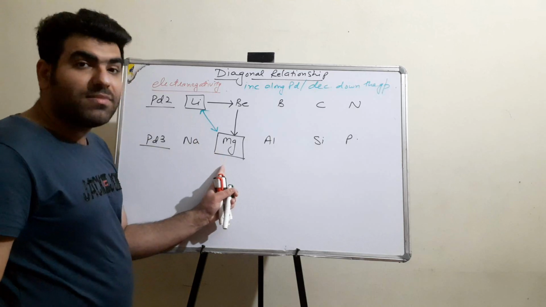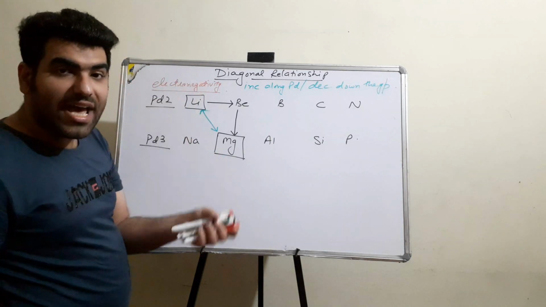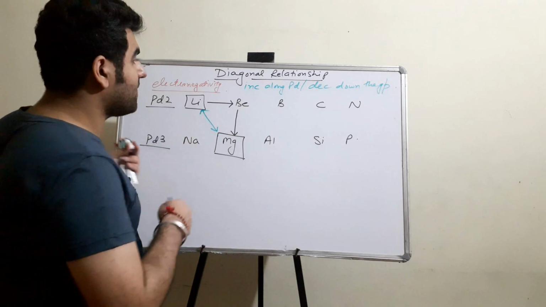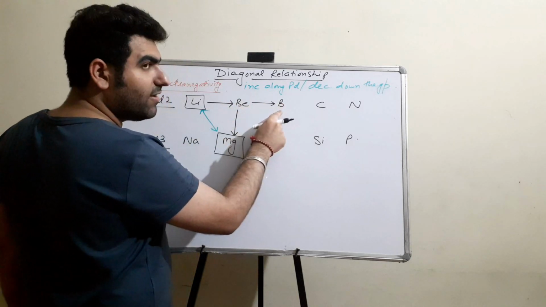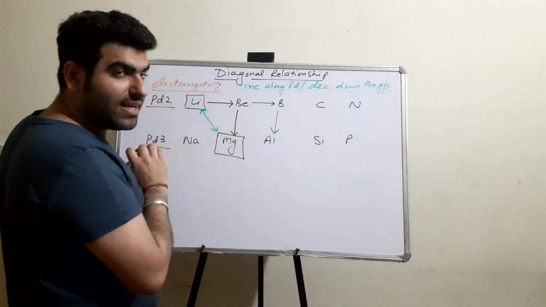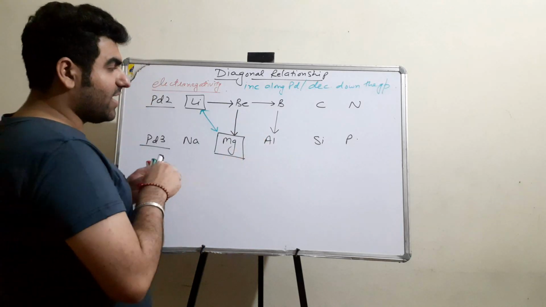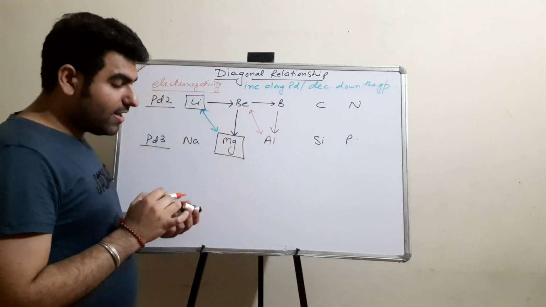Lithium and magnesium will show some similar properties because of this diagonal relationship or least electronegativity difference. If we are moving from beryllium to boron, electronegativity increases. For aluminium, it decreases. Beryllium and aluminium will show similar electronegativity, or somewhat similar, not exactly.